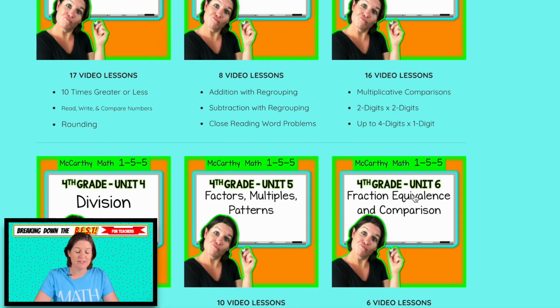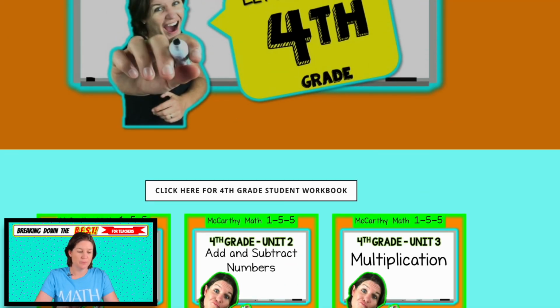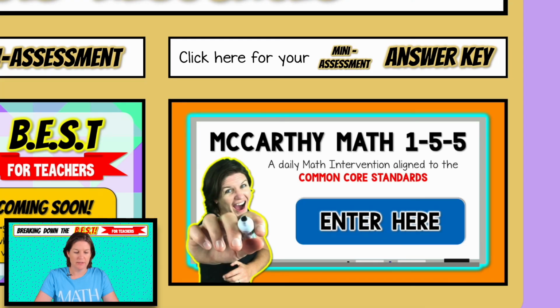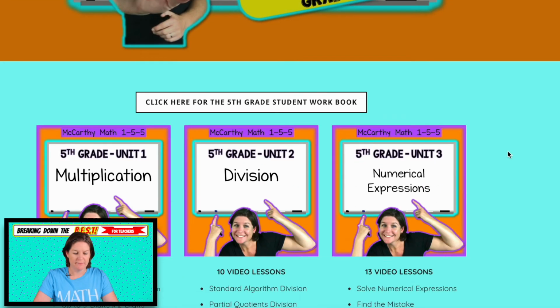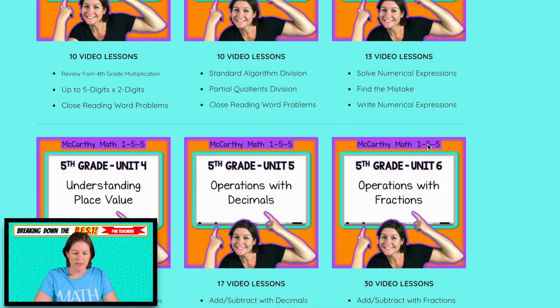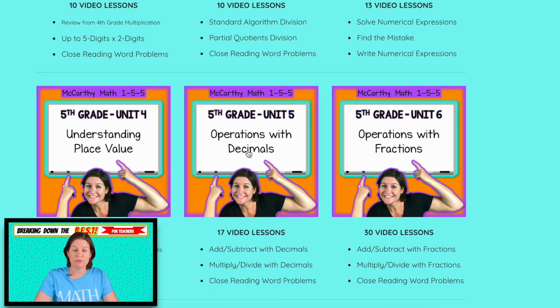However, if you have access to all 3 grade levels, let me show you. Let me go back to where it had both of them. If you go to 5th grade, if you have access to all 3 of them, you have operations right here with decimals.